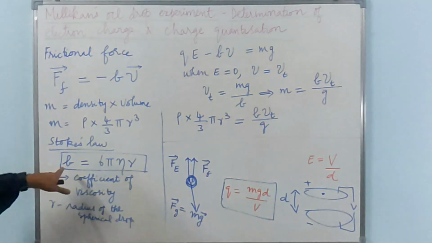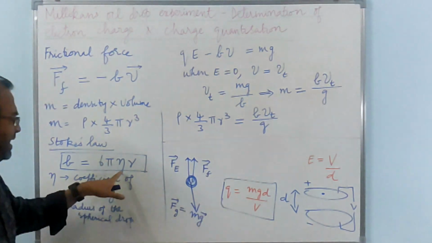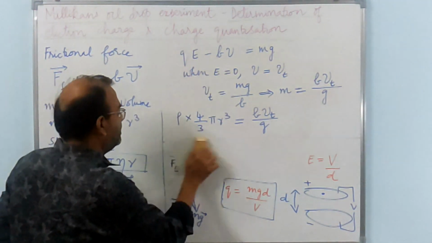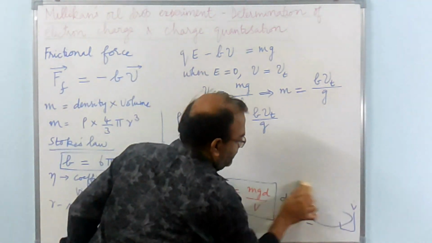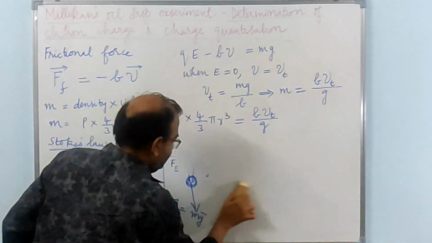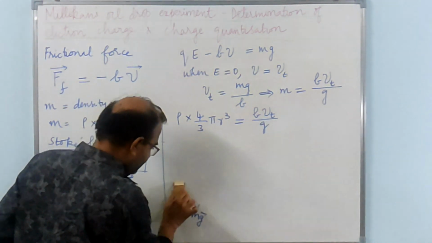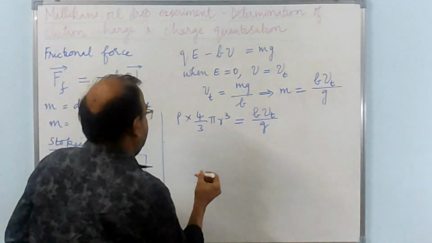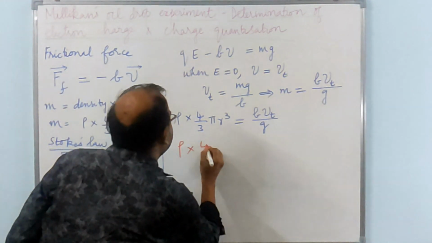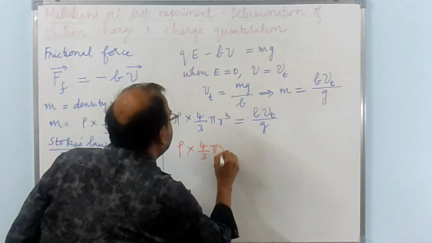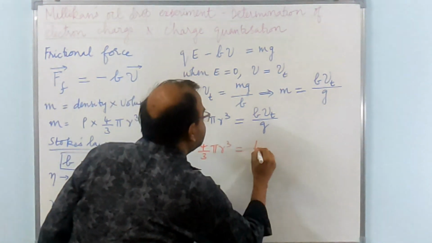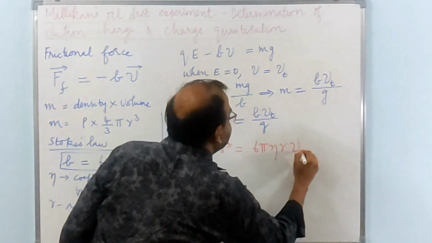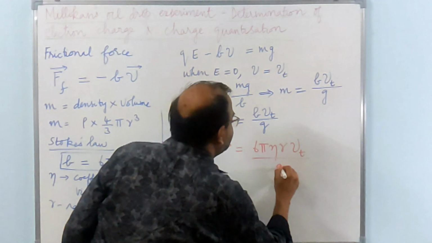Right. Now B can be substituted with 6 pi eta r. So continuing there, rho times 4 by 3 pi r cube is equal to 6 pi eta r Vt, the terminal velocity, over g.